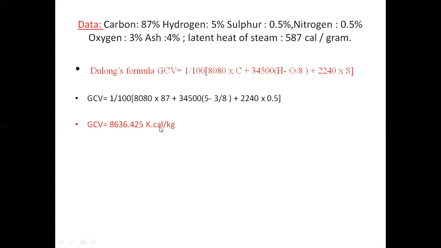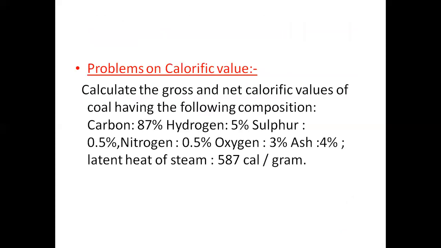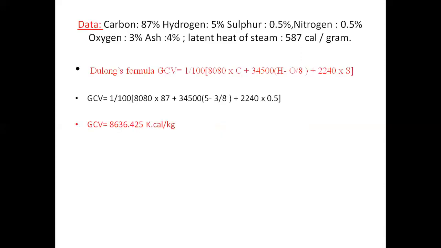So up to now we have calculated only GCV, that is gross calorific value, but in the problem we need to calculate the net calorific value also, that is called the lower calorific value. The formula is, as I said earlier, LCV is equal to HCV minus mass of hydrogen into 9 into latent heat of steam.